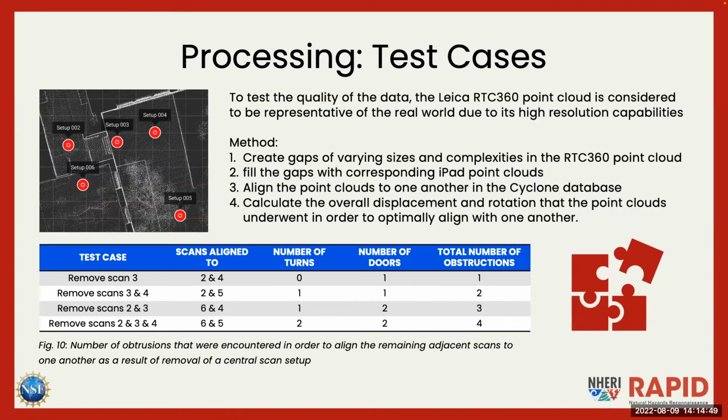So with processing the point clouds, in order to test the quality of the data, I considered the Leica RTC 360 point cloud to be representative of the real world, like I mentioned, because it's so high resolution. So what I did was I wanted to create gaps that I could control the complexity and size of within the RTC 360 point cloud.